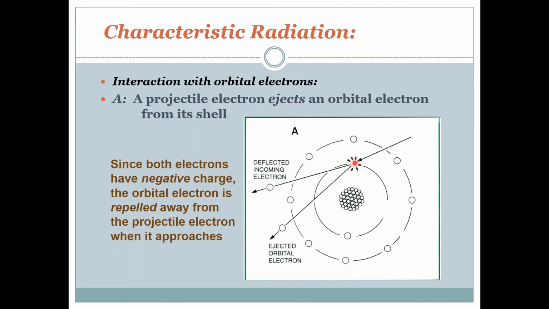An electron has a charge of -1, and another electron has another charge of -1. Those charges repel each other. So it's not as if the electrons run into each other. It's that as one incoming electron approaches the orbital electron, the electromagnetic repulsion between the two is such that the orbital electron is pushed away from the atom by the electromagnetic force.